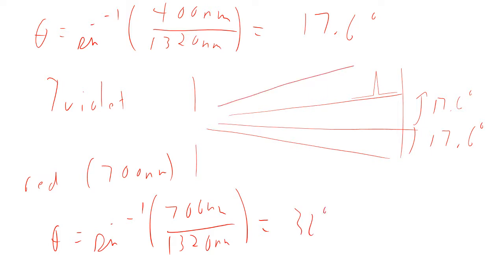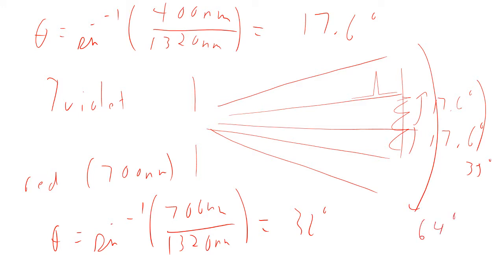Well, that means that the central part here, 17.6 plus 17.6, is going to be about 35 degrees across, but for the red, it's going to be about 64 degrees across.